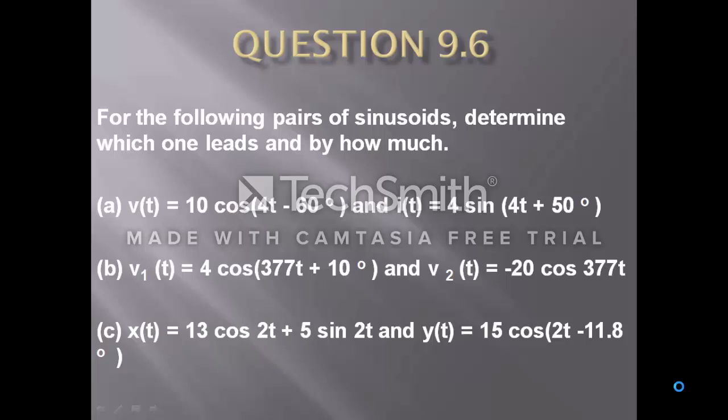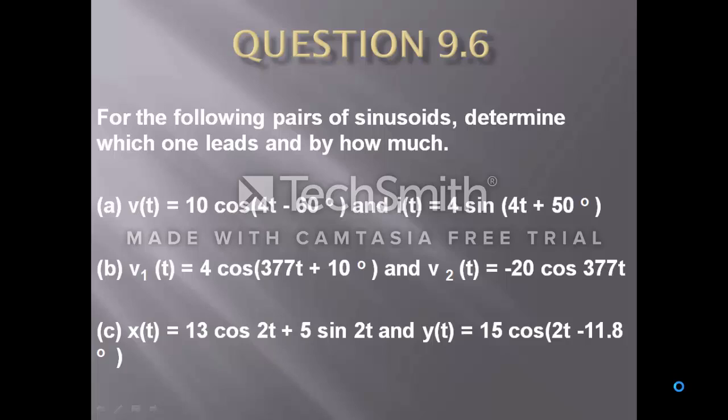The sixth question is, for the following pairs of sinusoids, determine which one leads and by how much. We have the A part as v(t) equal to 10 cos 4t minus 60 and i(t) equal to 4 sin 4t plus 50. B is v1(t) equal to 4 cos 377t plus 10 and v2 is minus 20 cos 377t.